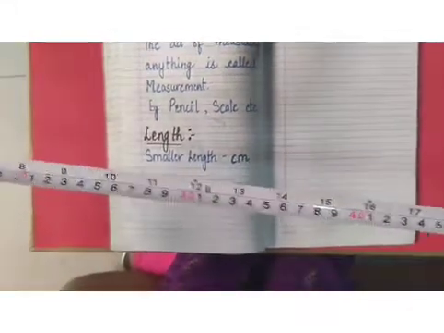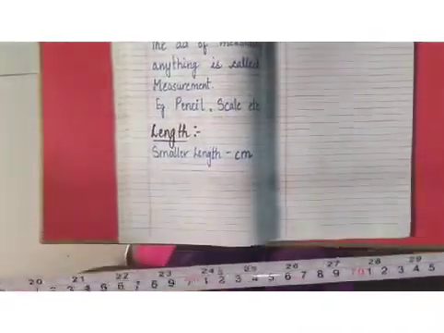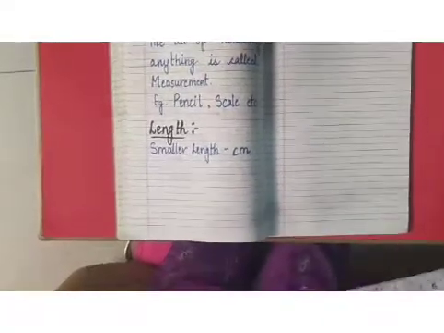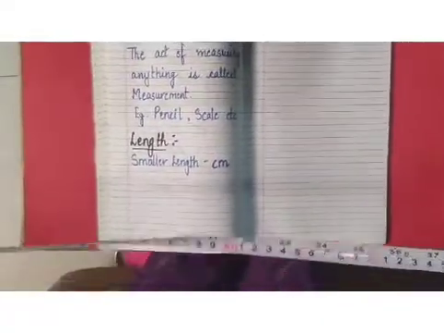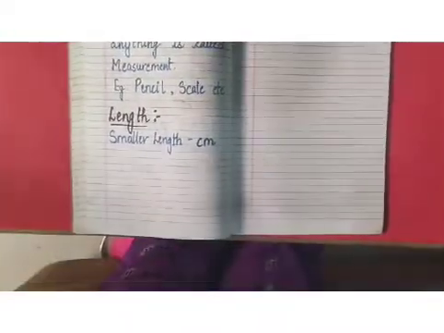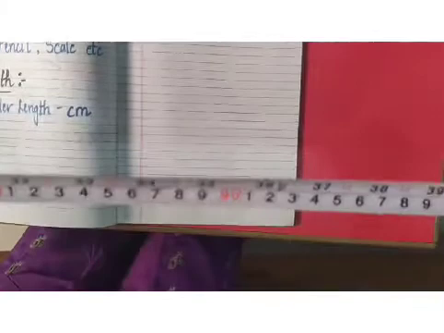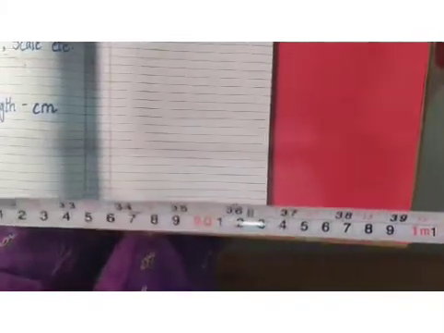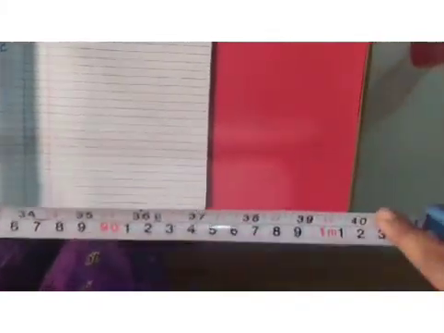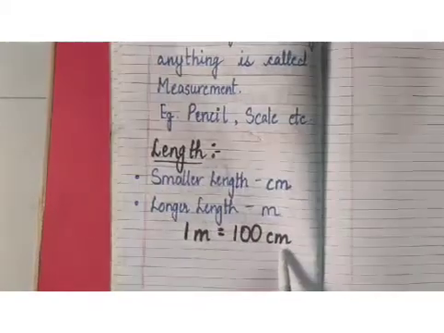Here we have 50 centimeters, then 60, 70, 80, 90, and at 100, here it becomes 1 meter. So 100 centimeter is equal to 1 meter, or 1 meter is equal to 100 centimeter.